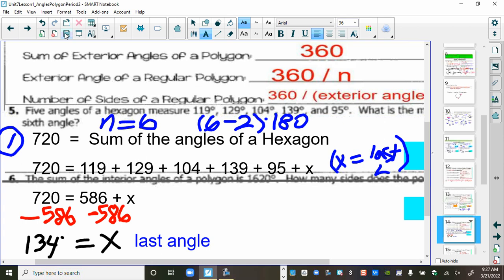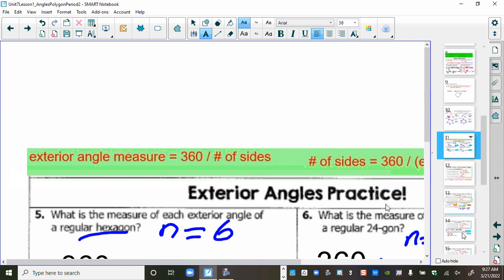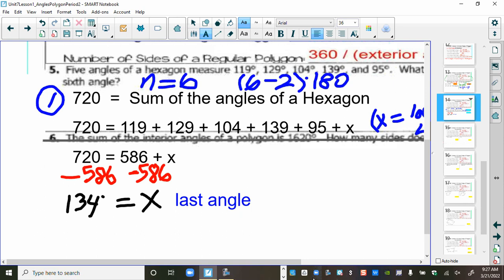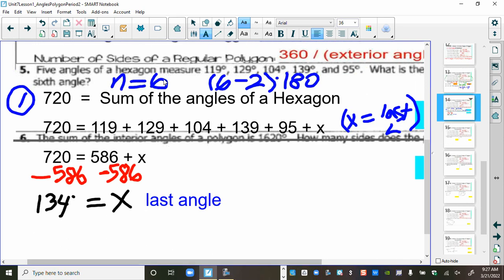Questions? So again, hexagon, 6 sides, sum of the angles, 720. They gave us the first 5, you find the last one. There you go. Questions about this one?